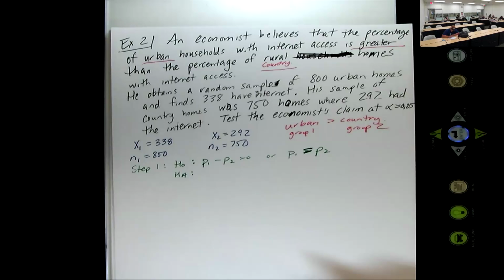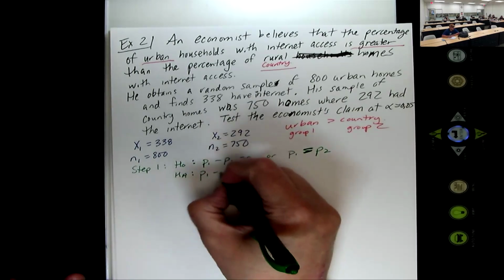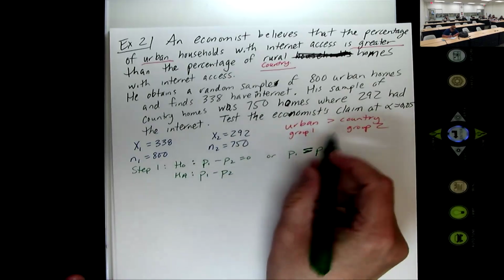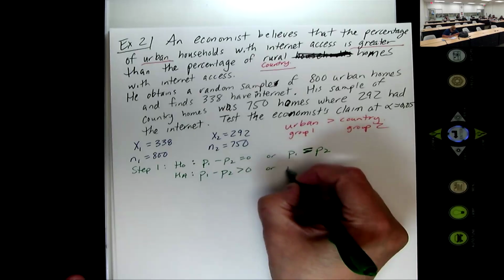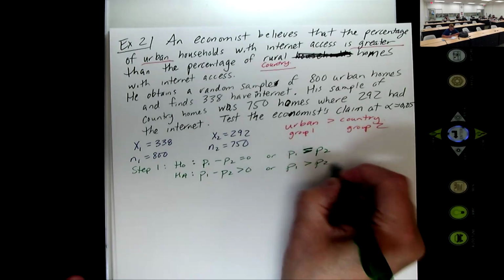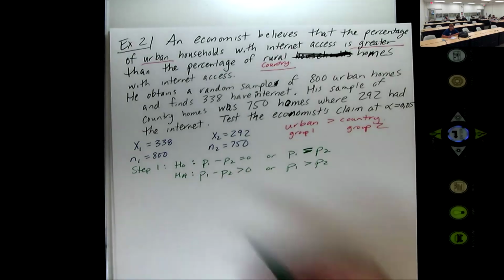StatCrunch is going to use this one on the left. And I set it up so that I would have the greater than symbol here. When you're doing the final exam, you need to give H naught and HA, either setup will work.